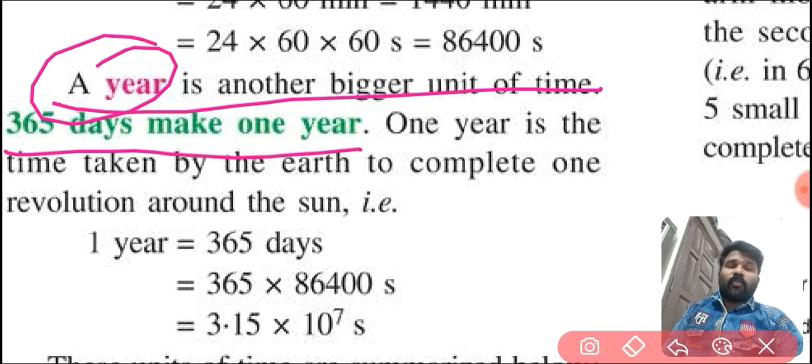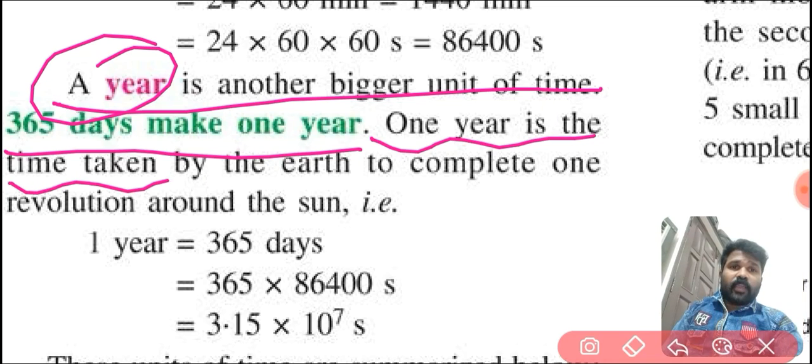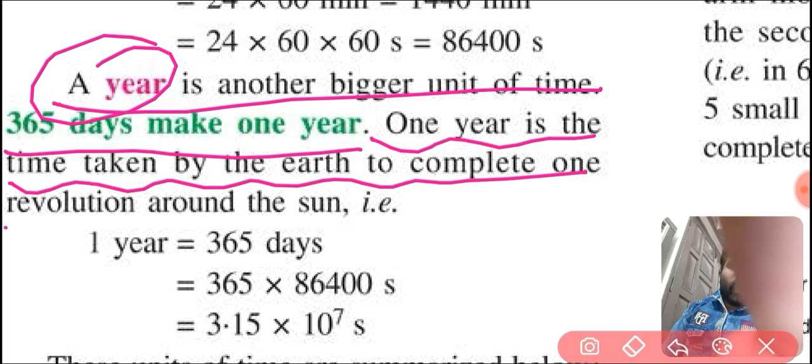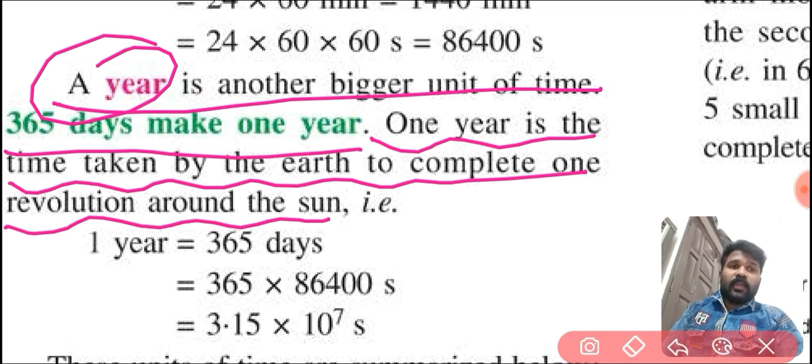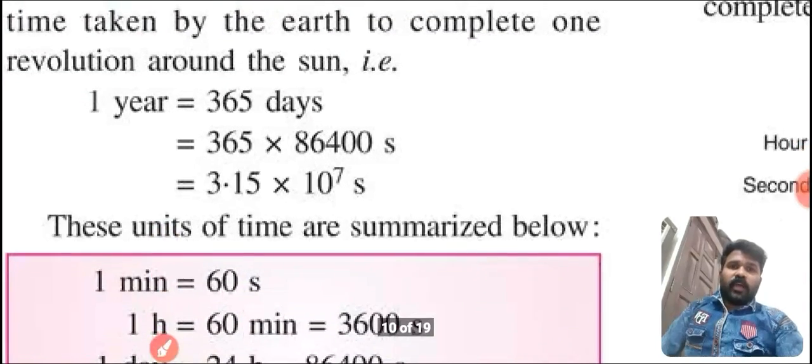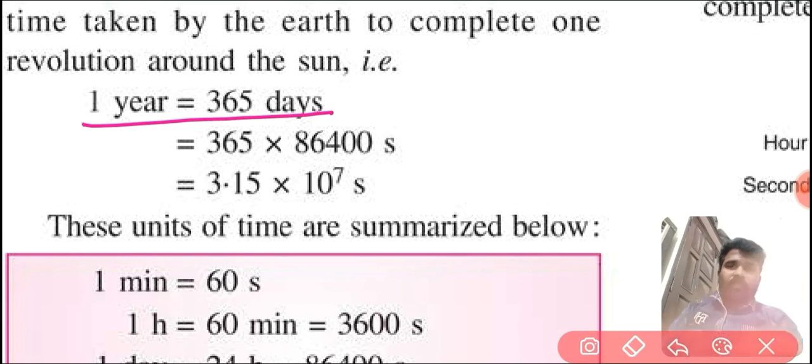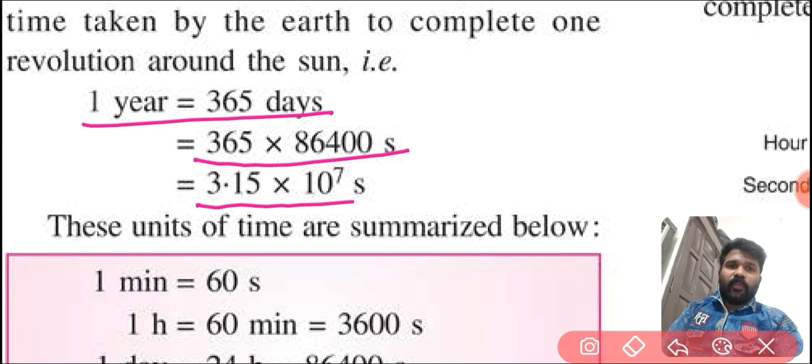So we can write 1 year is equal to 365 days. How many seconds? 365 into 86,400 seconds, that is equal to 3.15 into 10 raised to 7 seconds.